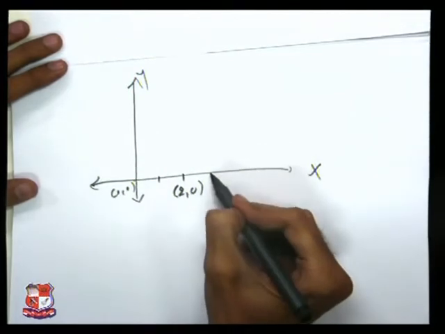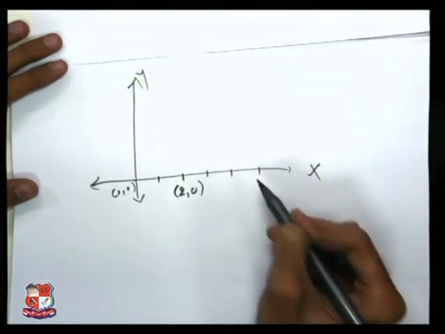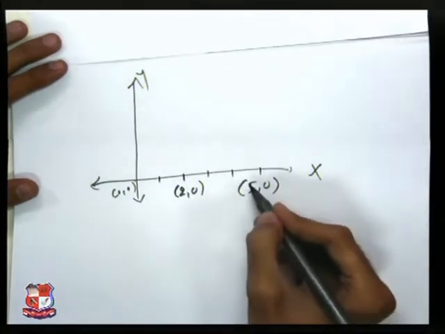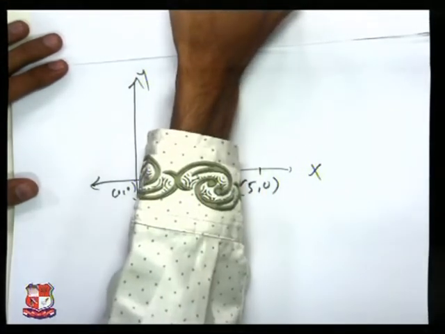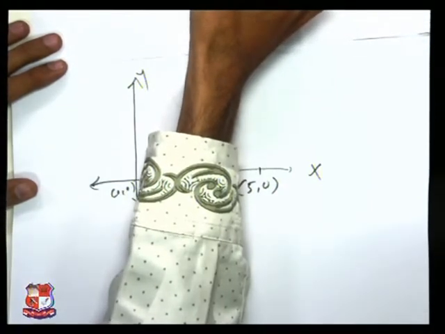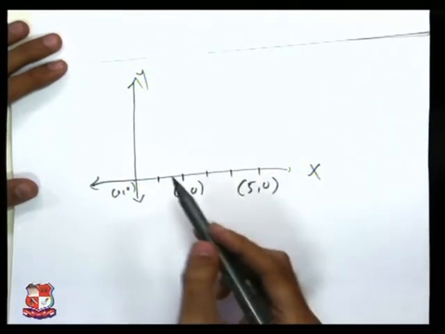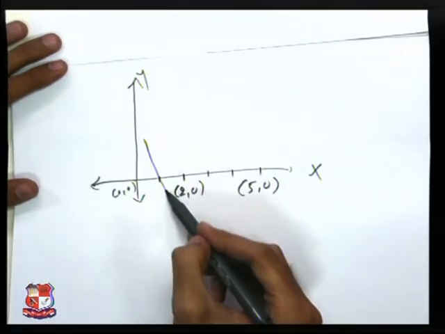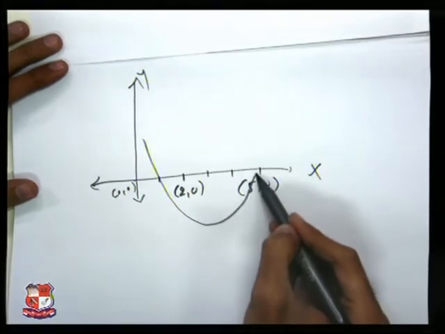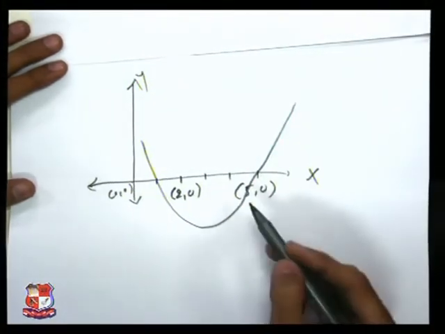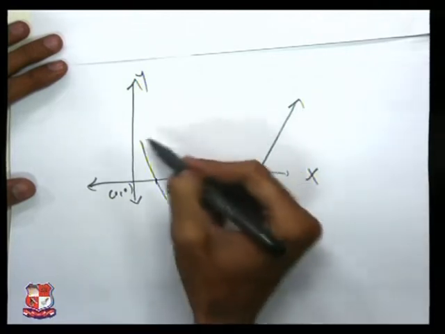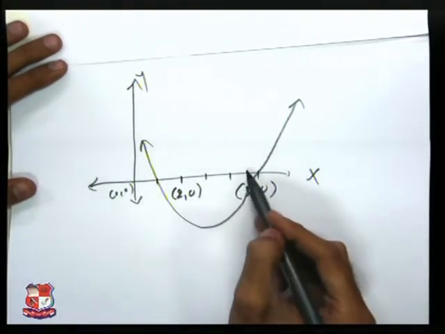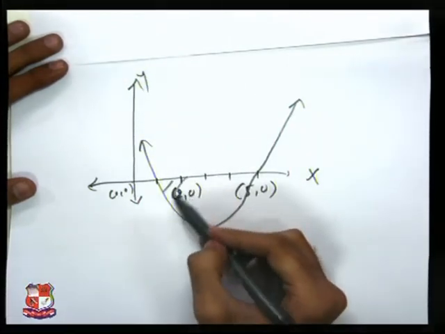Okay, then this is 3, 4, 5, so this point is (5, 0). This is (2, 0), this is (5, 0), and this is the equation of the parabola. Okay, so this is the parabola like this, and the area enclosed between the x-axis and this parabola.